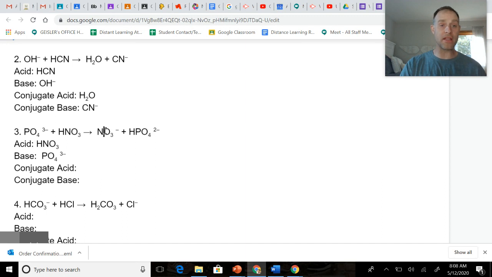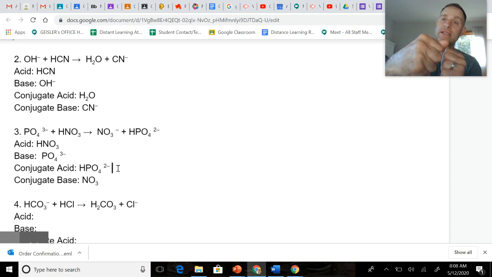Now it's poor in H pluses, right? So that's your base, and the base becomes rich. So it becomes the conjugate acid. All I want you to see is when acids and bases combine, the acid donates an H plus, the base borrows it, and that changes what we have.